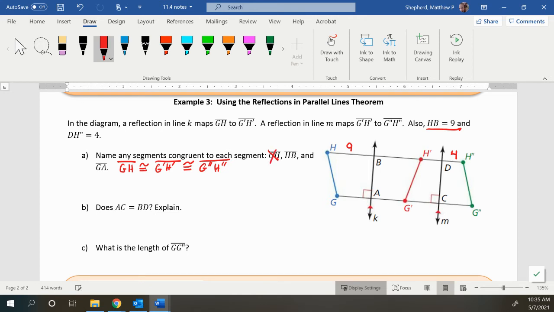And we found the ones congruent to that. Next, HB. So this distance of going from H to B, well, that's going to be repeated in the H prime to B. Okay, we have that same distance. So HB is congruent to H prime to B, meaning that this must also be 9.